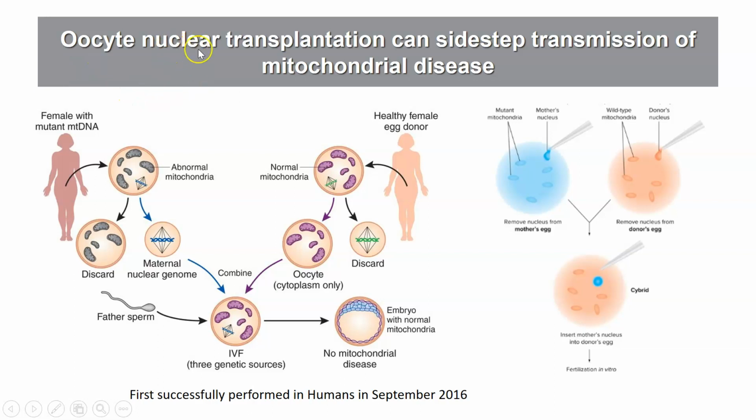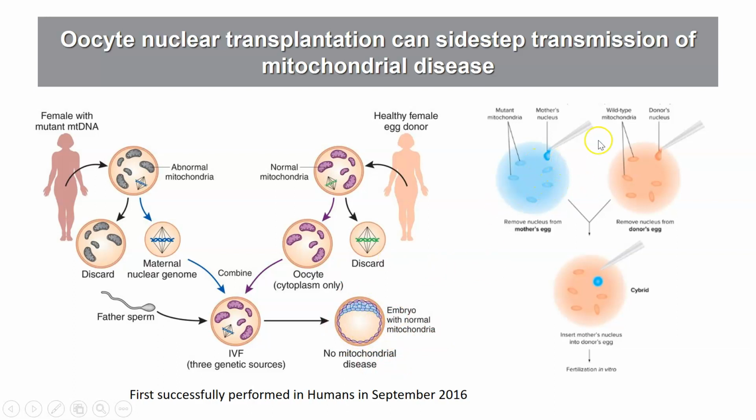But this technique involves using a donor egg from a healthy female that doesn't have the mitochondrial disorder, removing the nucleus from her egg, and taking the nucleus from the mother's egg and implanting it into the donor egg. Then this donor egg is fertilized with the father's sperm in vitro, and that embryo is implanted into the mother.